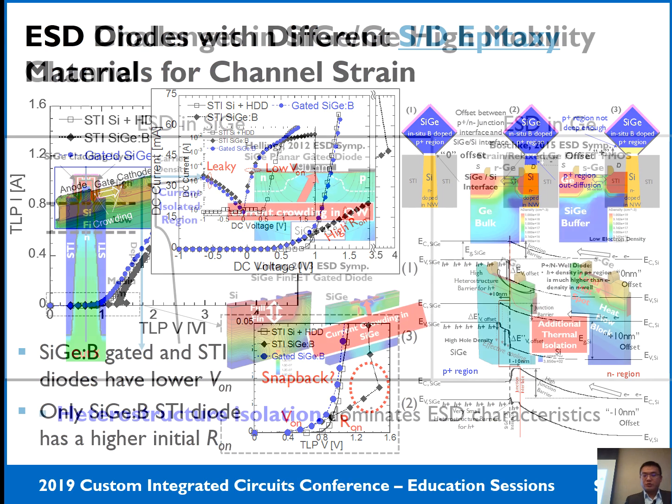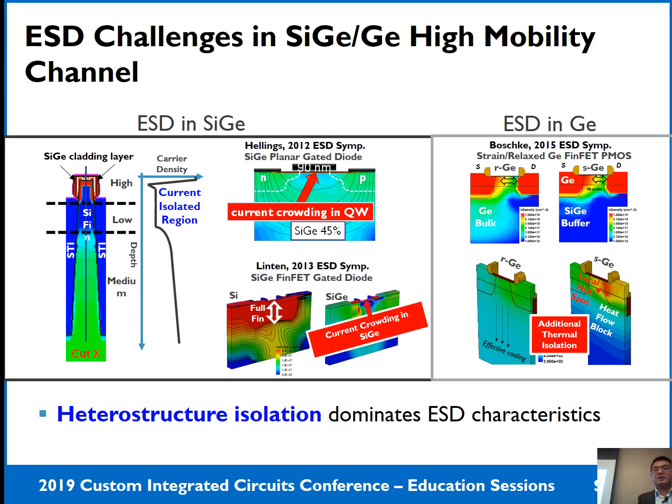But if the channel material changes to silicon germanium or germanium, what's the impact? Again, the heterostructure interface between this silicon germanium or germanium and the silicon will induce the heterostructure isolation. So this will further induce the current crowding at the surface. Okay, because the valence band offset, the holes will prefer to stay at the low energy at the surface.